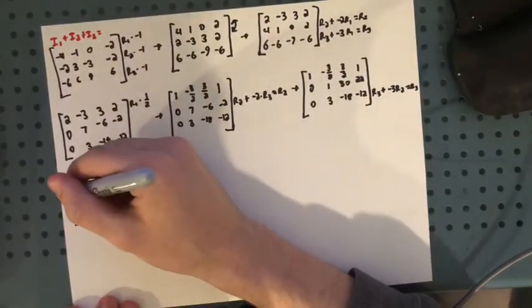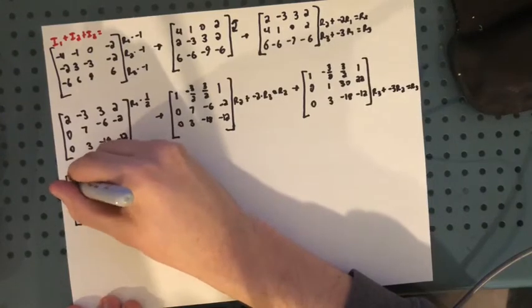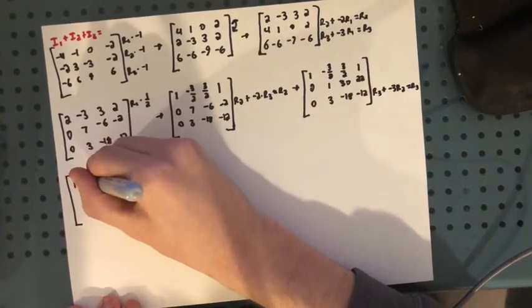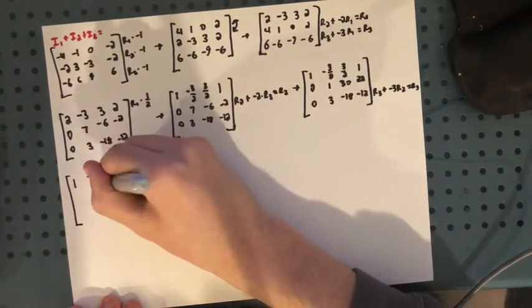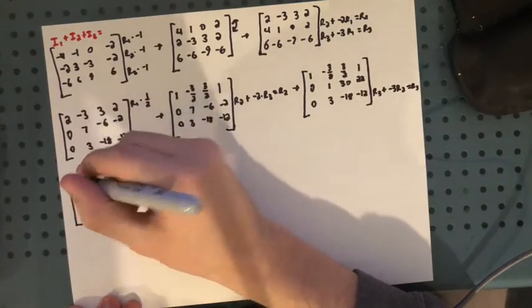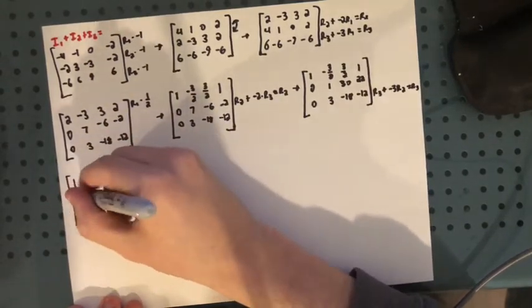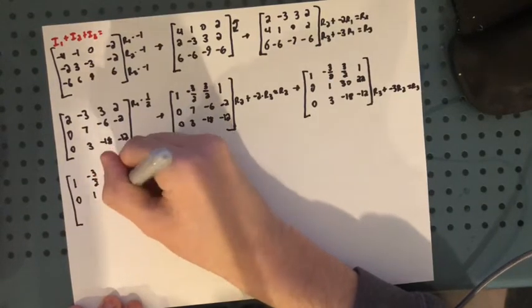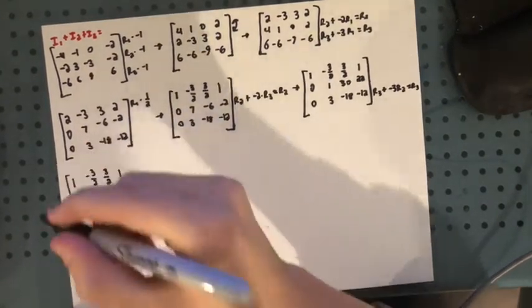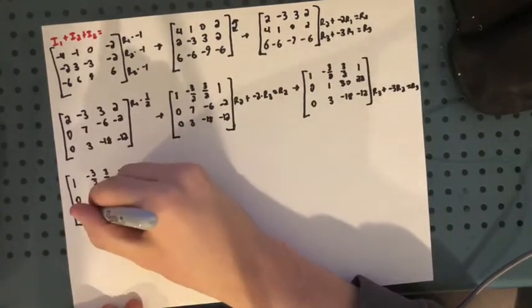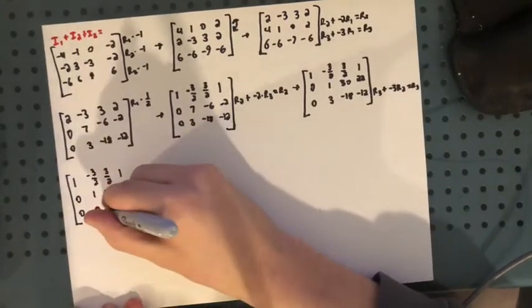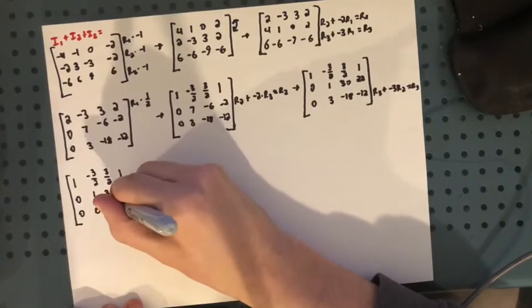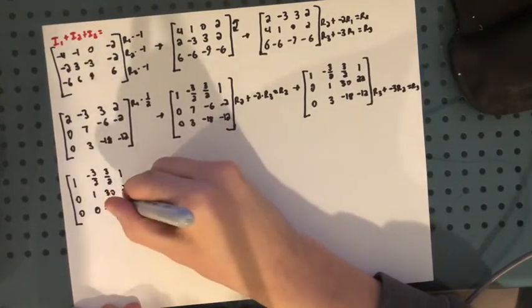Okay, so now row 1 we didn't change. Then row 2 we also did not change, so that's still 0, 1, 30, 22. And then down here we're going to have 0, the other 0 that we just eliminated, negative 108, and then negative 78.